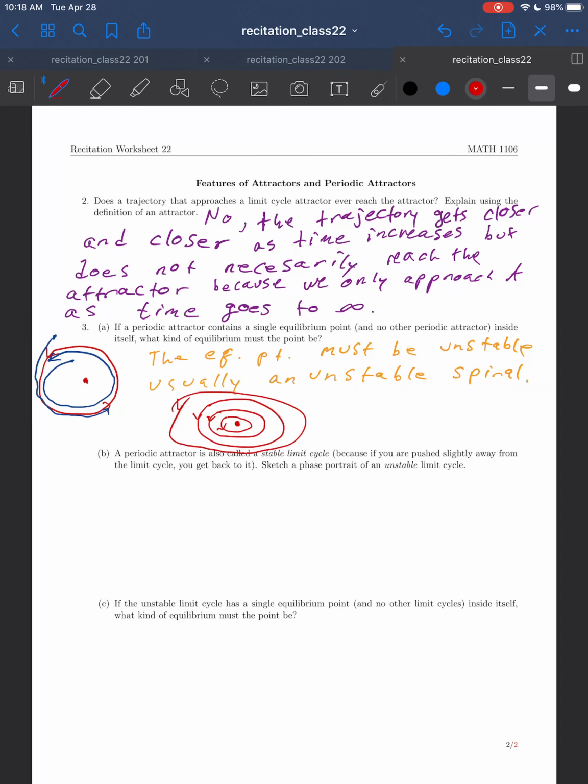So we spiral towards the point, then out towards this one, then in, and then out again. So this just says it does matter that there are no extra attractors to deal with.